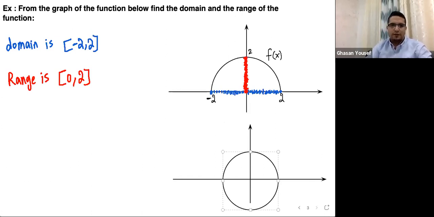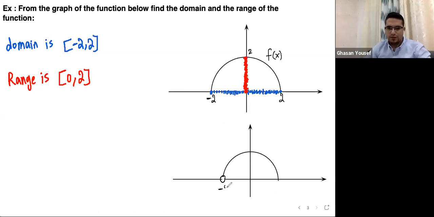Here, for example at -2, we don't have a y value. So it would be an open circle here.